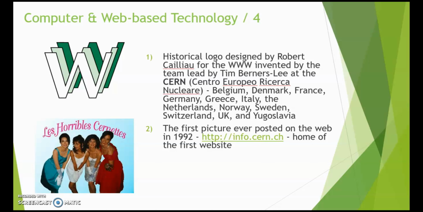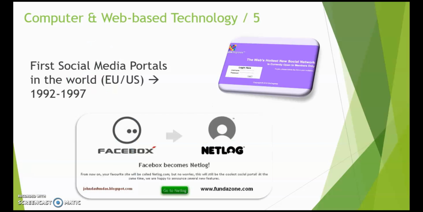But things get even more complicated when we think about social media. Just a quick reminder here in the next slide: those two images are the first social media portals in the world, more specifically in the United States and the European Union, in Belgium. We're talking about 1992 and 1997 for a very first example.